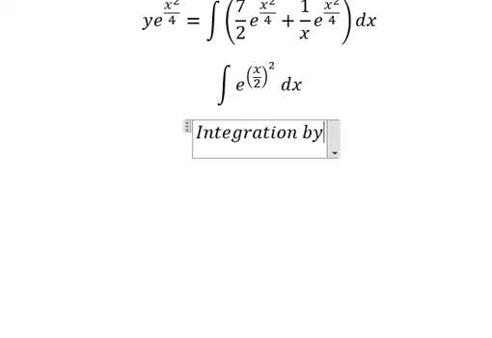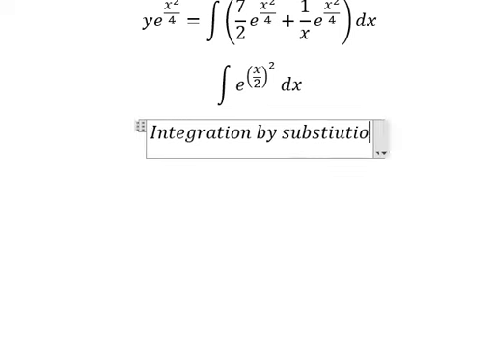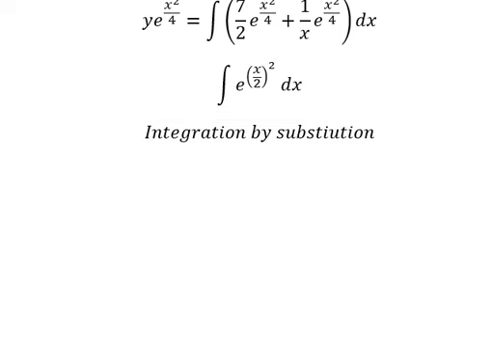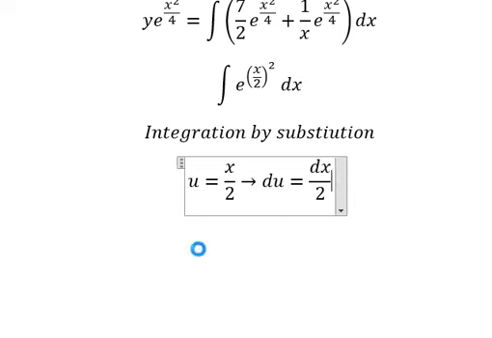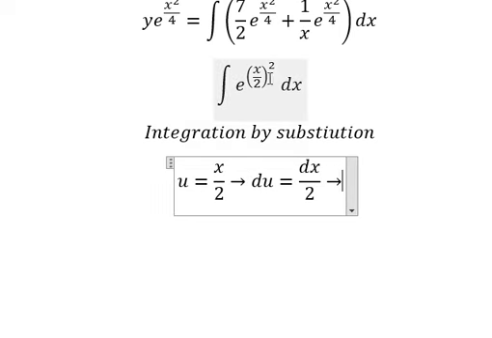So in this one, we can use integration by substitution. So I will put u equals s over 2. After that, we can take the first derivative of both sides. Because we don't have 2, I will move this one to the left.